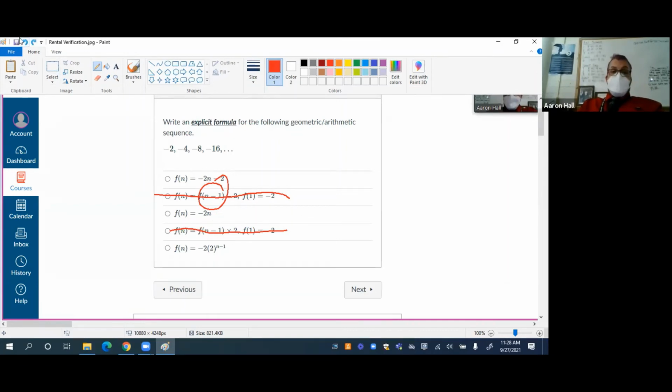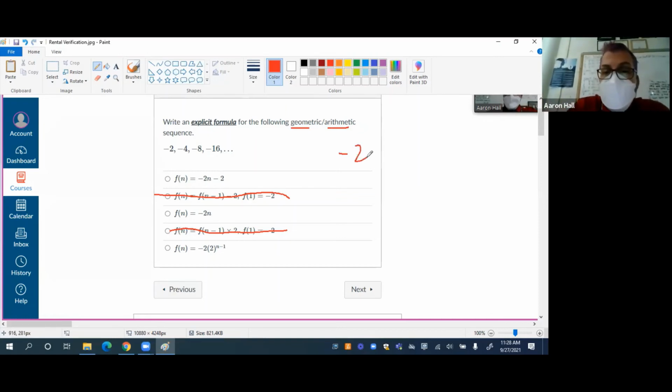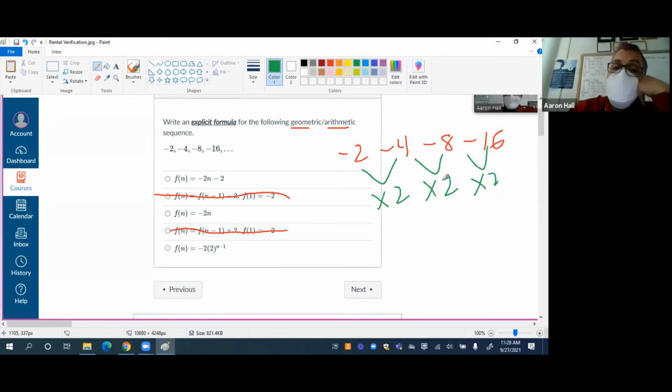Okay, so I guess the next question is: is it geometric or arithmetic? How am I getting from -2 to -4, and then from -4 to -8, and then from -8 to -16? Yeah, it looks like we're multiplying by 2. So we have a common ratio, which means we're not going to use y equals mx plus b. We're not going to use that because that is what we use for an arithmetic sequence, which means we can rule out what?